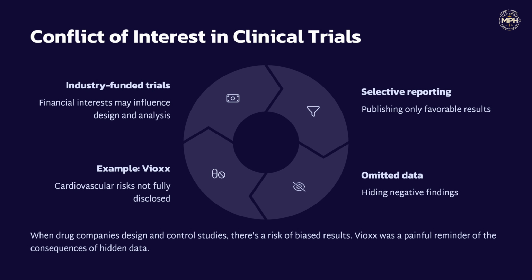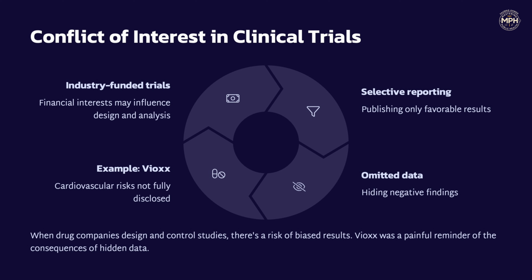Conflicts of interest in clinical trials. When millions of dollars are at stake, science can be distorted. Consider Vioxx, a pain medication once promoted for its safety. Merck's clinical trials showed fewer digestive side effects, but also revealed an increased risk of heart attacks. That data was downplayed. Later lawsuits revealed that some adverse events were left out of published reports.